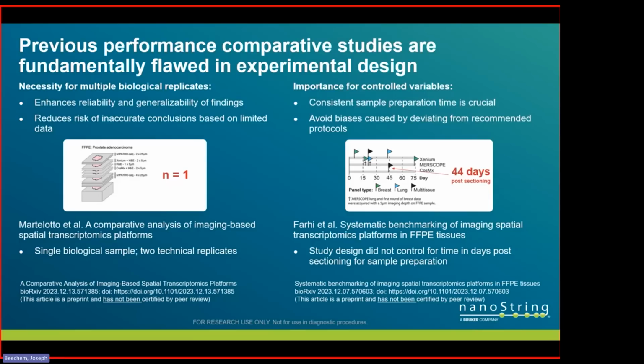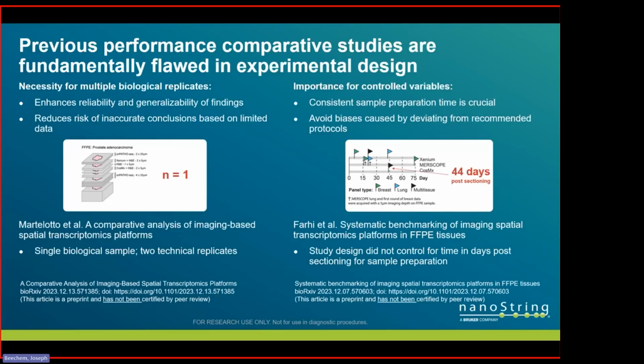Poor Merscope had a case where they went 74 days before it was measured. They were writing this paper as if you could systematically compare the platforms. In reality, what they were doing was basically just measuring the effect of cutting and waiting 44 days. So these were intrinsically flawed comparison studies.